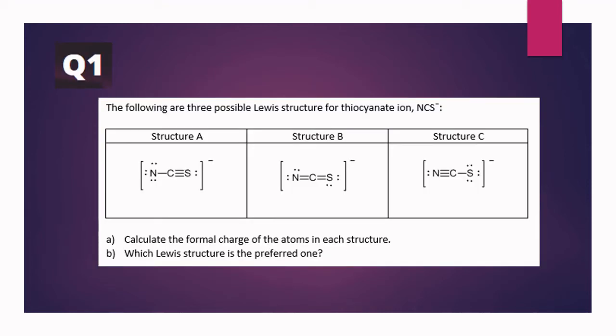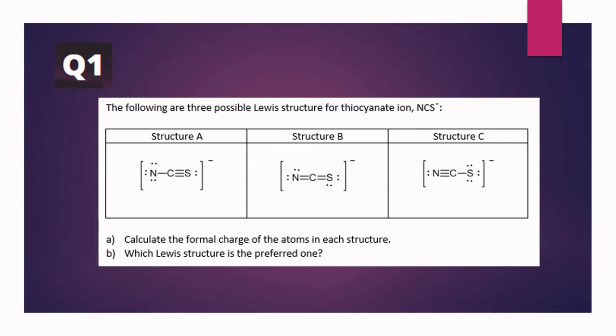Okay, so the first question here addresses the formal charge calculation and also how do we determine the best resonance structure of all these structures. If we look at the question here, the following are three possible Lewis structures for thiocyanate ion, NCS-1.